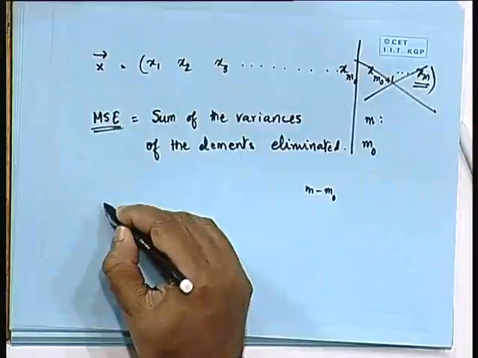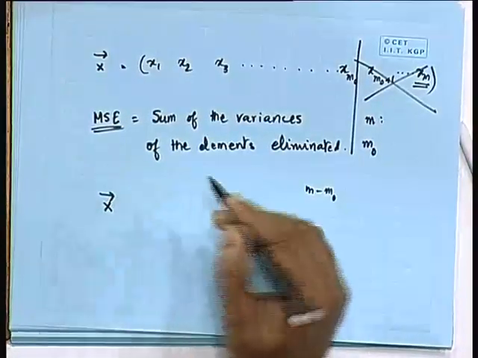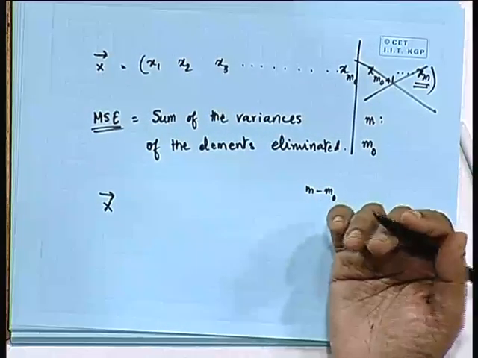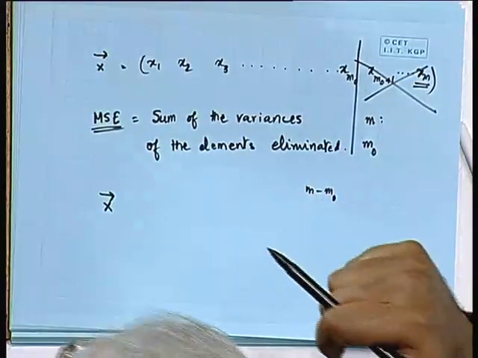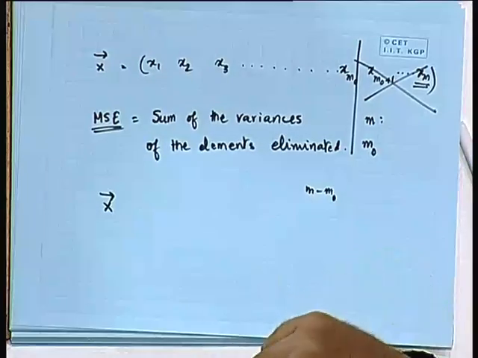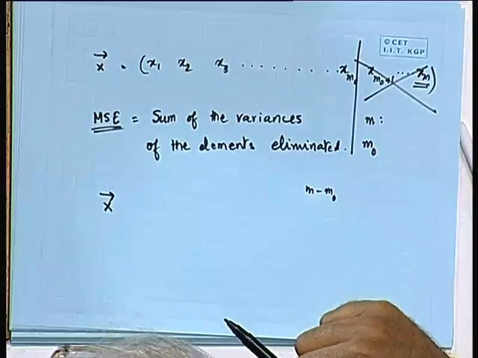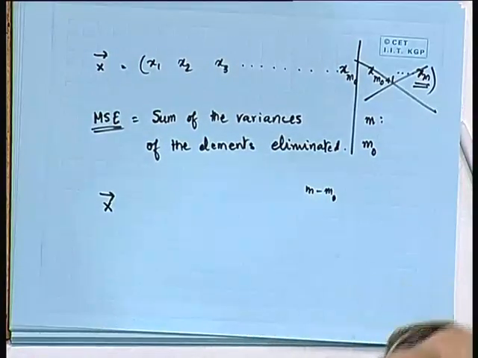Because we are in the x vector space. X vector is an m dimensional space, and how do we decide whether it contains anything that is insignificant or not, or how do we decide that this way we will be picking up the first m0 number of significant coefficients?